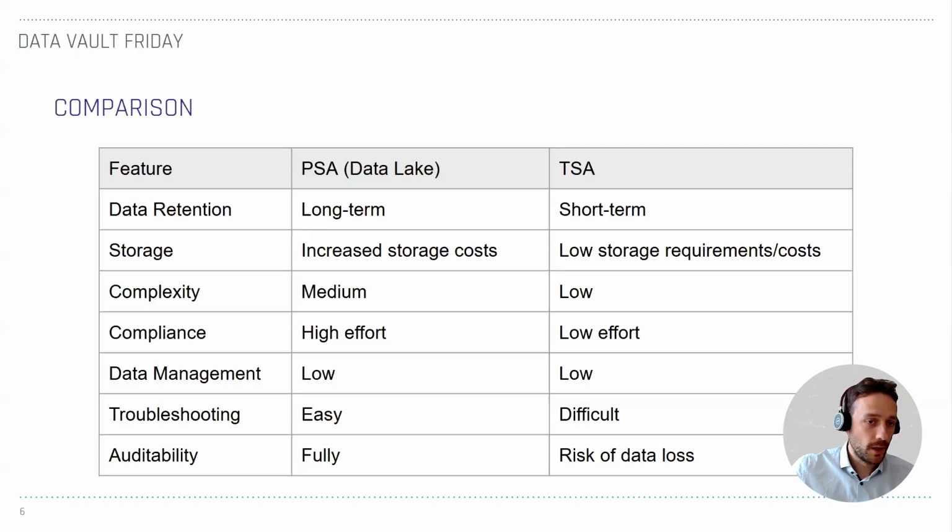On a TSA, there are low storage requirements or storage costs. The complexity, I put the complexity for PSA to medium. It's not impossible to create a performant data lake or PSA, but of course the complexity is higher compared to a transient stage. The complexity of the transient stage is quite low.